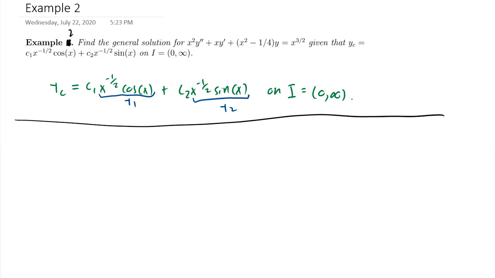Now, before you compute what u1 prime and u2 prime is, remember that your differential equation has to be in the right form, meaning that whatever is multiplying y double prime, you have to divide by it. So let's divide everything by x squared.